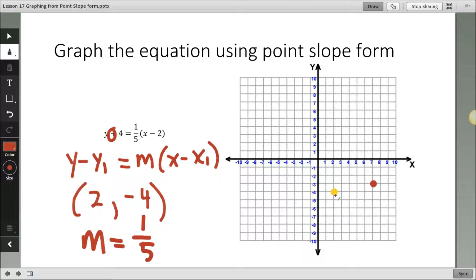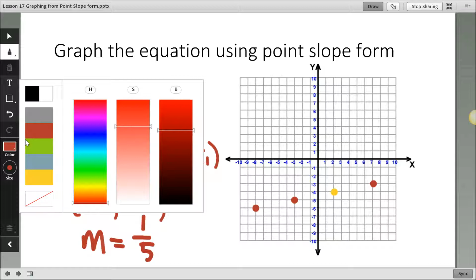And again, do this as many times as you can across the board. So I can go the opposite direction, down 1, and then go left 5. 1, 2, 3, 4, 5. And I can do it one more time, down 1, 1, 2, 3, 4, 5. And so I've got 4 good points on the graph.